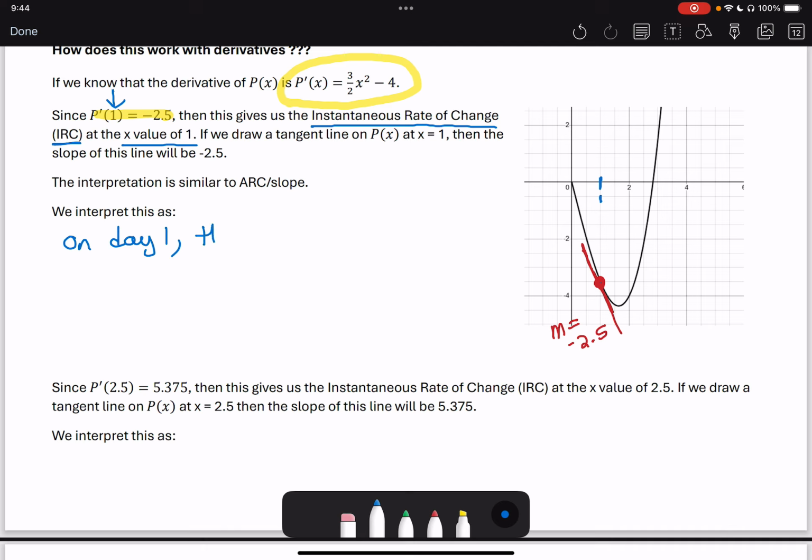The profit is decreasing because we got a negative, and that would be $2.50 per day. Once again, we don't want to put the negative with the $2.50, because when we use the word decreasing, it is representing that negative sign. So maybe make a note of that, because a lot of students forget that.